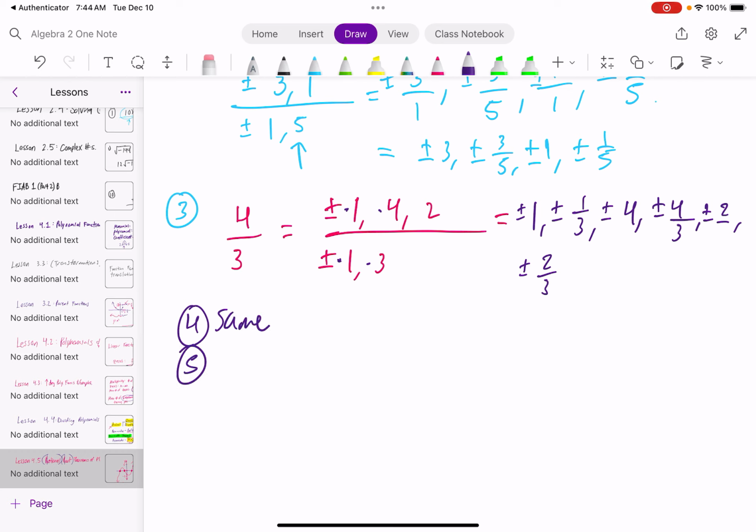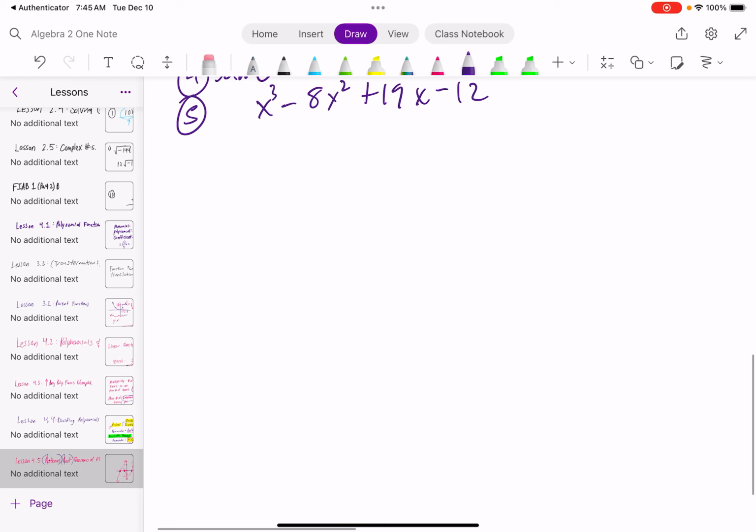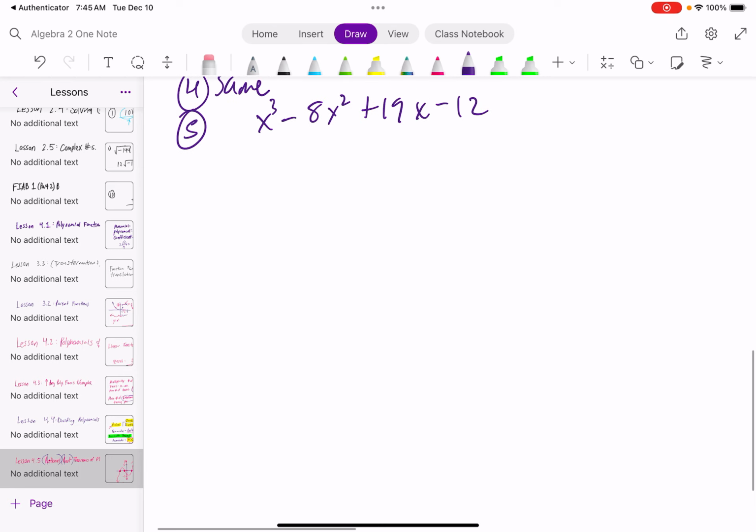Use synthetic division to evaluate the function at x equals 1. So the function they're talking about is this one. Notice that this is in standard form and it does not skip any degree.